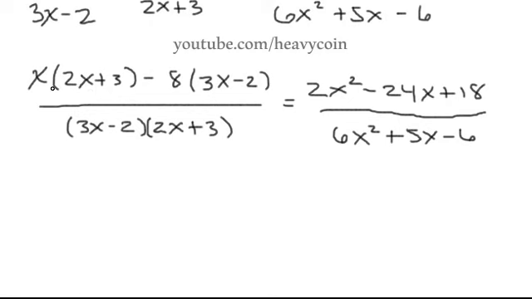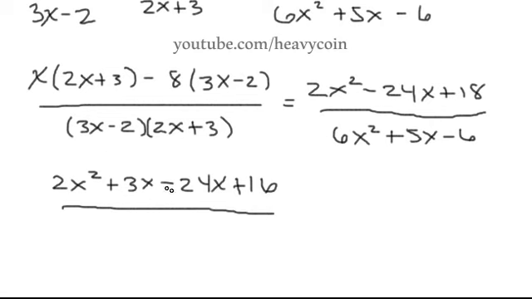Alright, let's simplify this. Distribute this x across the top. We have 2x squared plus 3x minus, distributing this minus and the 8 across, so that's going to be minus 24x, and then this minus here is going to make that a plus 16.